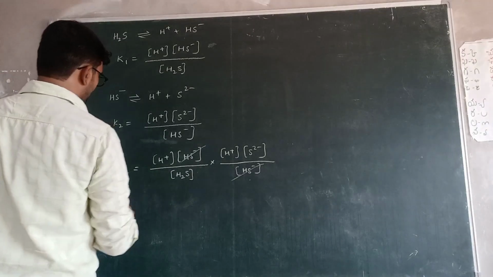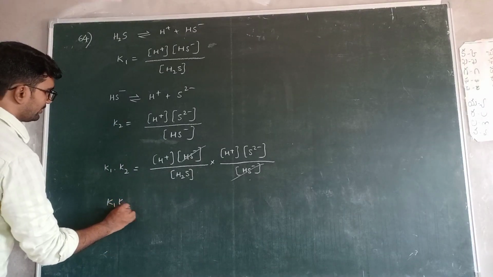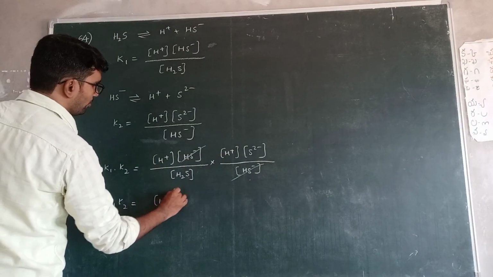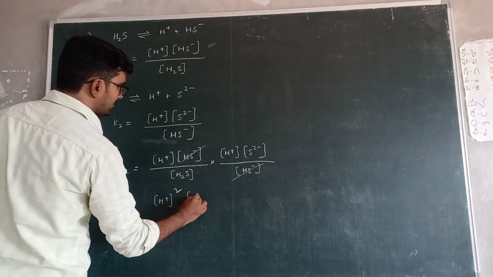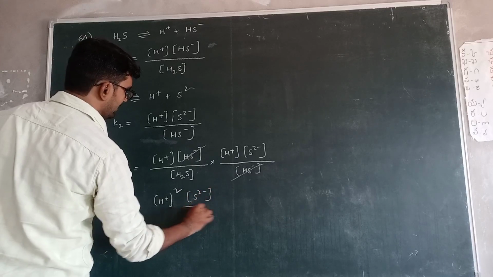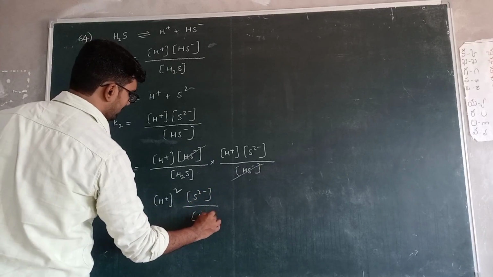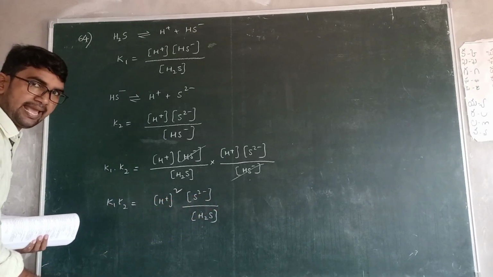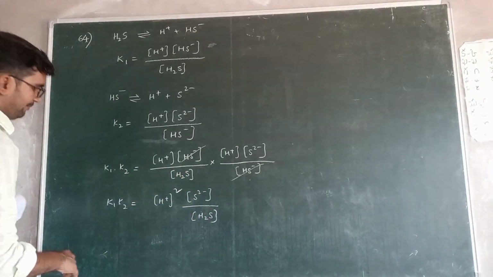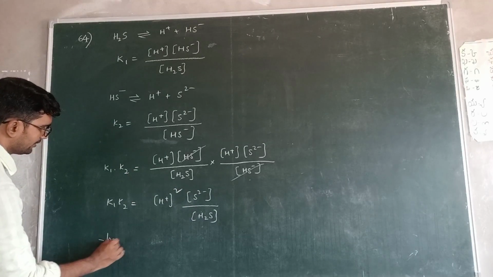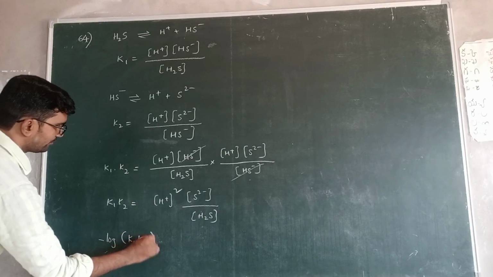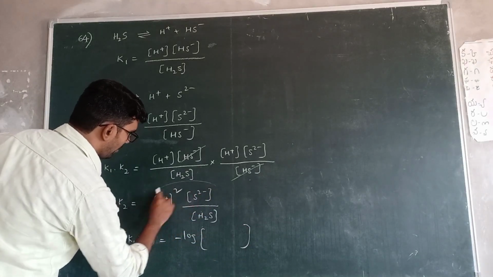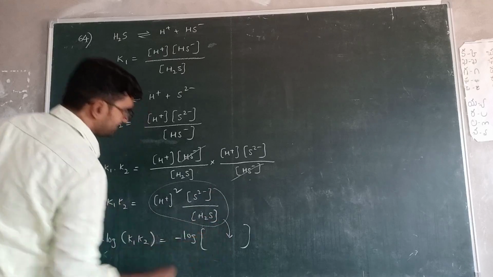So K1 K2 is equal to concentration of H plus whole square into concentration of S2 minus by concentration of H2S. Take negative logarithms on both sides.